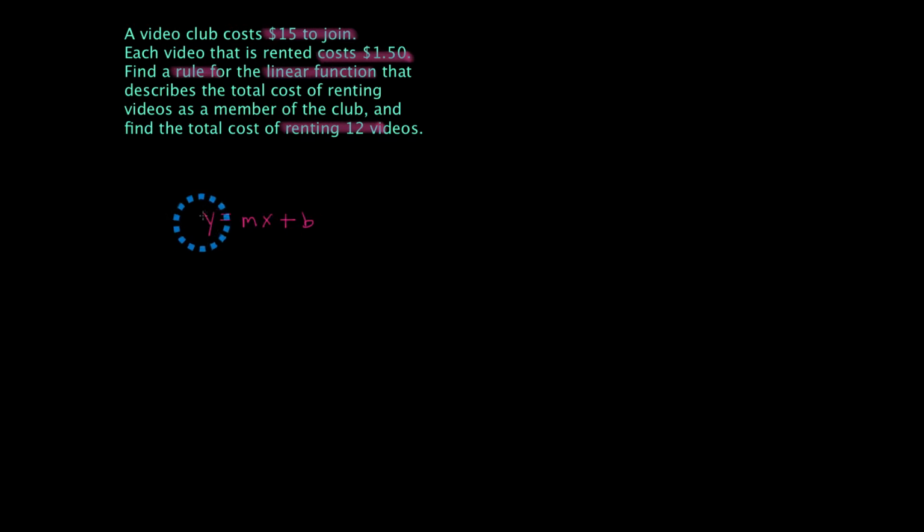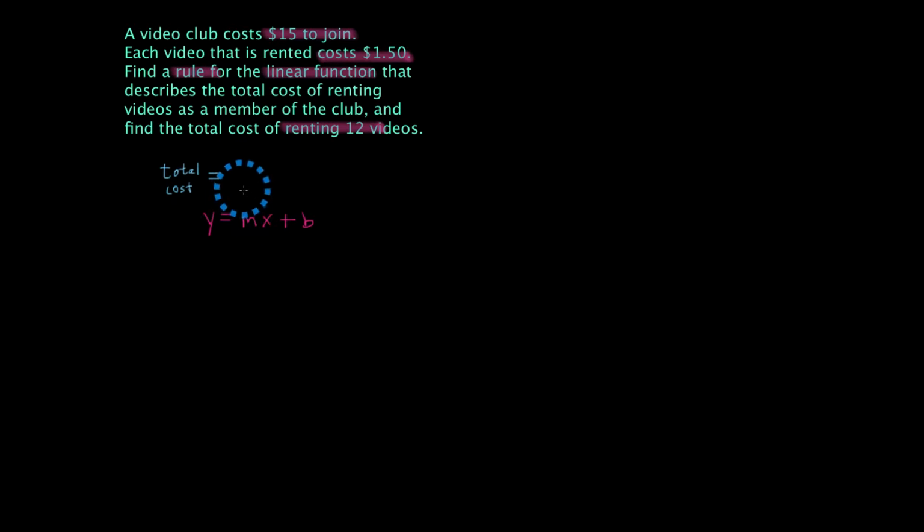Well, what is y equal to? Well, y represents the total cost of renting videos. So I'm just going to write here the total cost is equal to, well, m represents, typically in a graph, the slope, but that's also the rate of change.